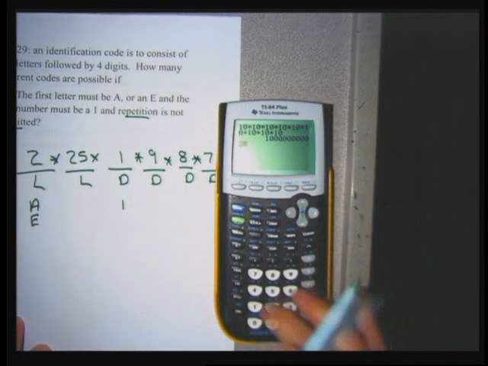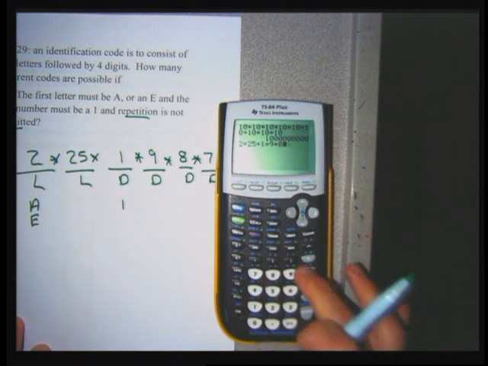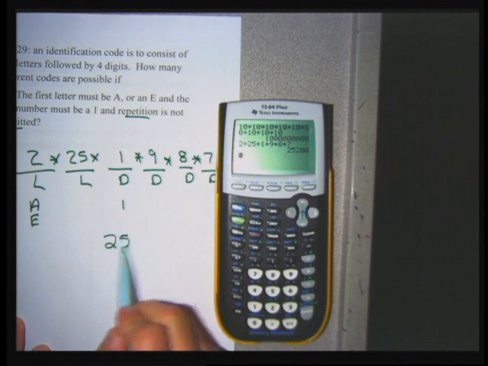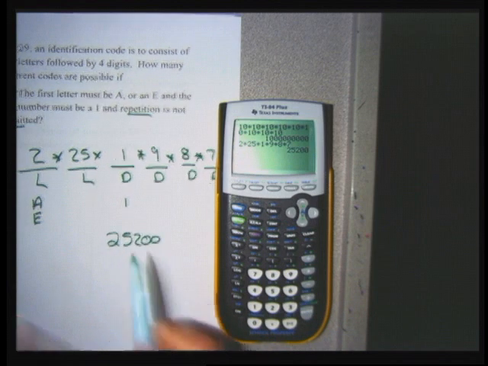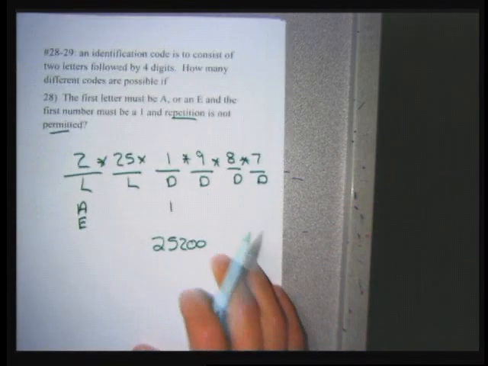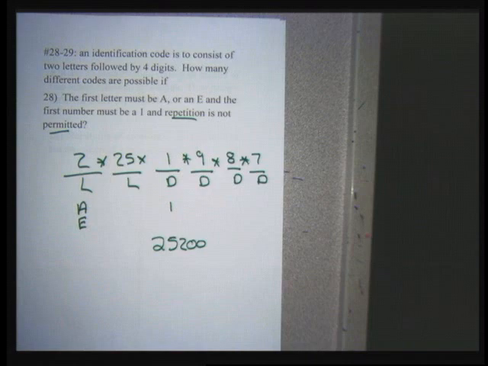So 2 times 25 times 1 times 9 times 8 times 7. That's going to give me 25,200 different codes that are possible with those criteria. Having 2 letters followed by 4 digits, digits being numbers 0 through 9, which are 10 of them, and the first letter being an A or an E, first number being a 1, and repetition not allowed.